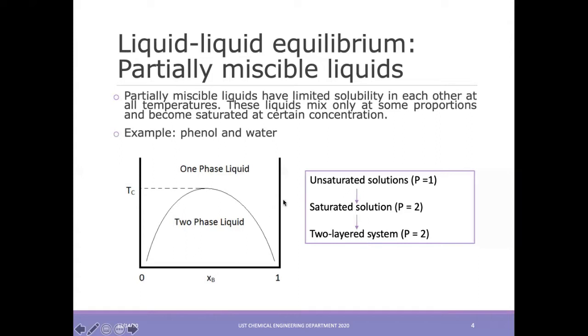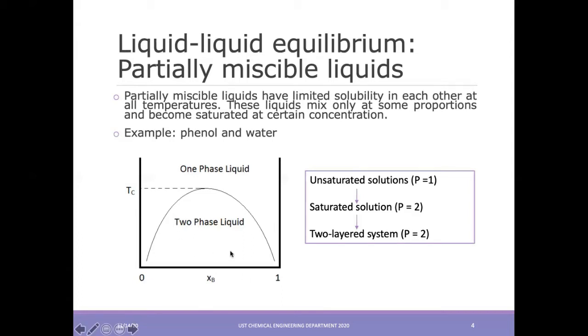What do you notice with the diagram of partially miscible liquids? The diagram features a dome-shaped curve, which corresponds to saturated solutions of one liquid in the other. The region outside the dome represents unsaturated solutions, while inside the dome we have a system with two layers.